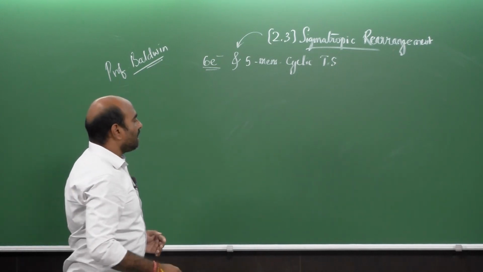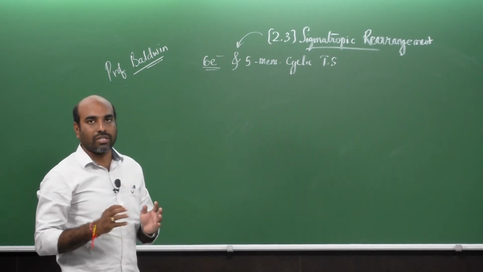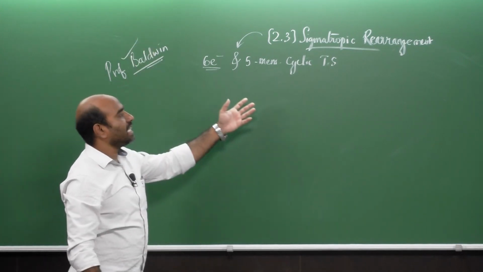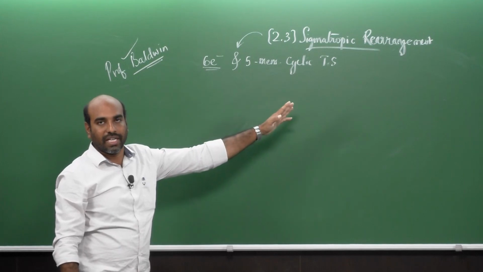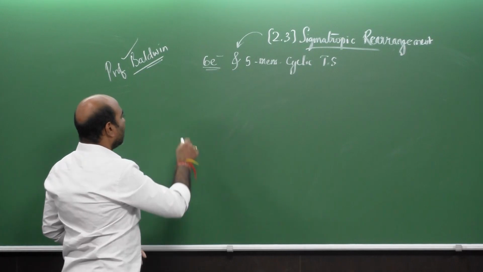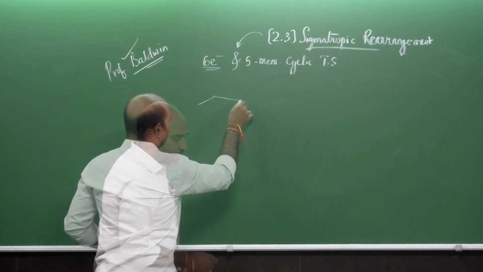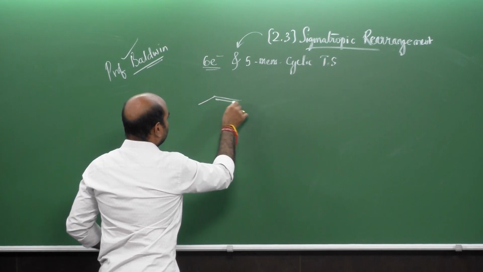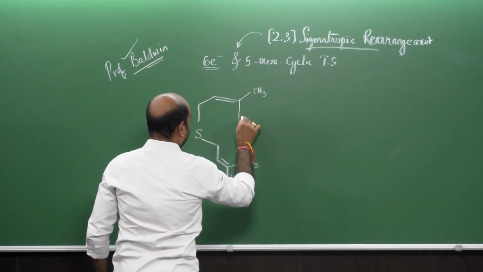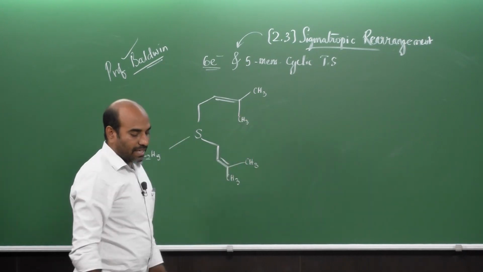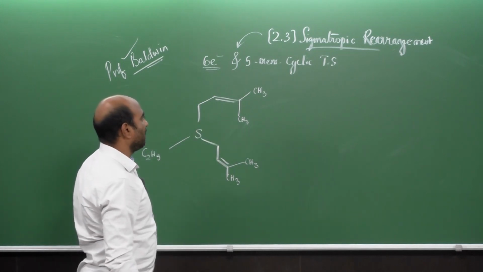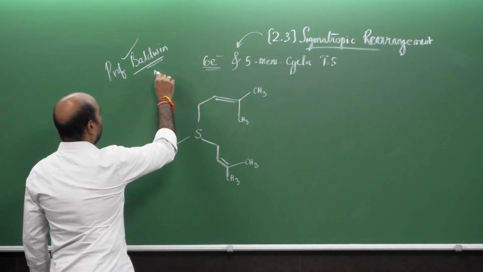So what is the example first observed by Professor Baldwin, which helped us categorize these as 2,3 sigmatropic rearrangement reactions, a part of the pericyclic reactions? It is a sulfur allyl molecule. This is the sulfur allyl system which has shown the 2,3 sigmatropic rearrangement, first observed by Professor Baldwin.